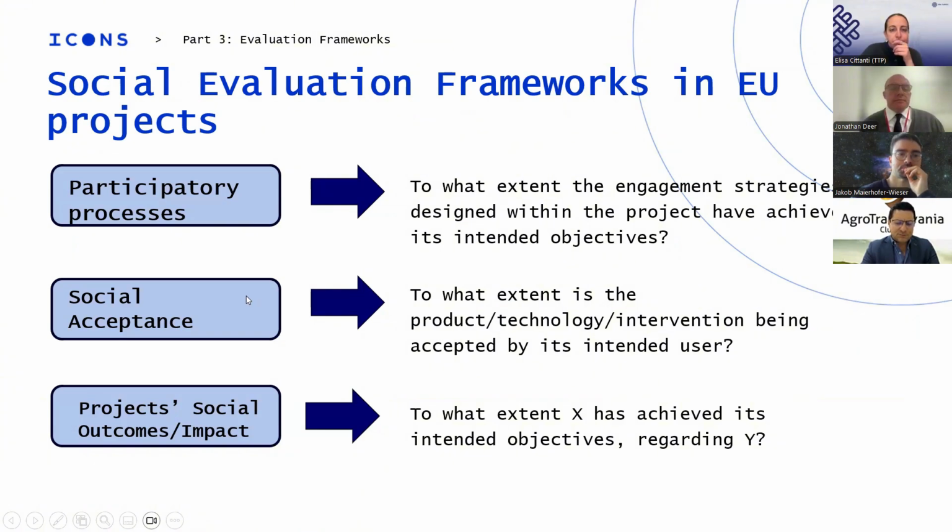For social acceptance, and this is something we are increasingly focusing on in the projects, to what extent is the product, technology or intervention being accepted by the users? And for social impact and project outcomes, to what extent has an outcome achieved its intended objective? So you can see that it's a very complex job that we have, especially if we are involved, as I said before, from the beginning up until the end of the project, which means that we have to evaluate what has been done.